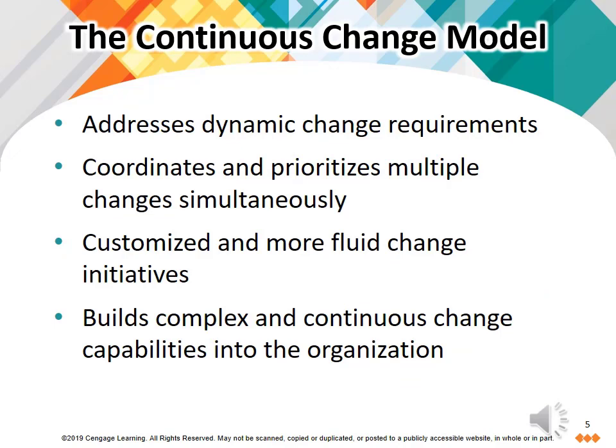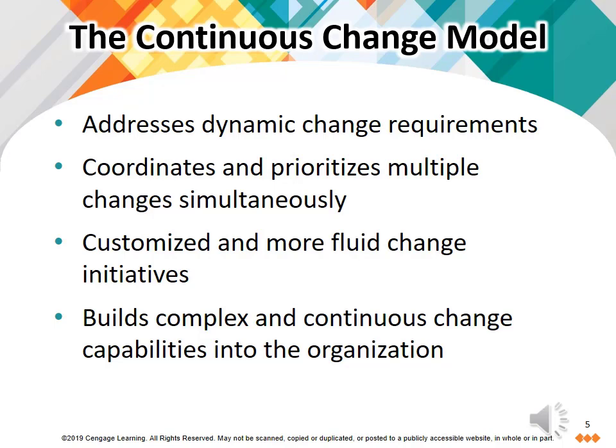So again, just a few words for the continuous change model is that it addresses dynamic change requirements in the sense that while the model itself looks fairly simplistic, it is actually addressing very complex change requirements. It coordinates and prioritizes multiple changes simultaneously, whereas we can think about the action research model, because we are looking at it from such a specific area, as working on that same change, that one change over and over and over again.